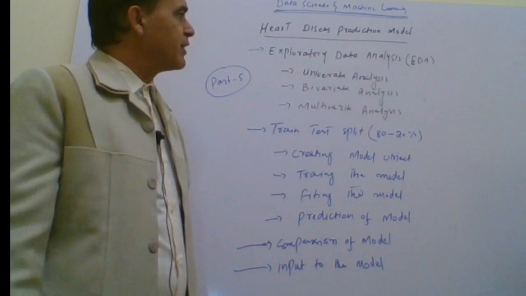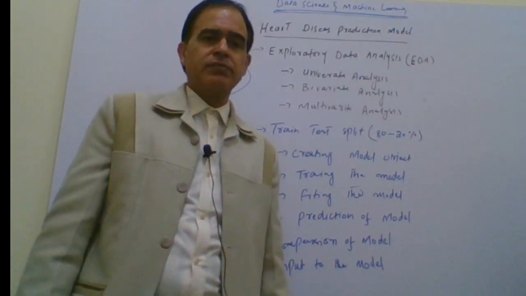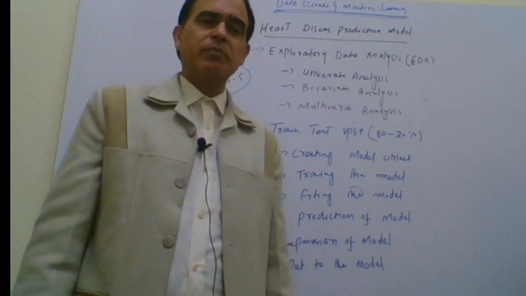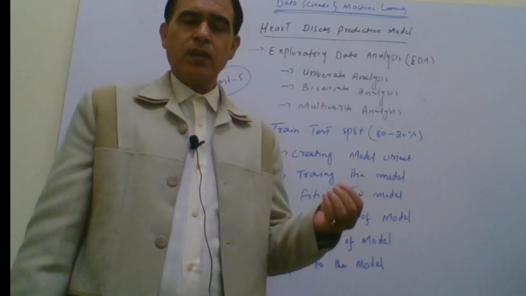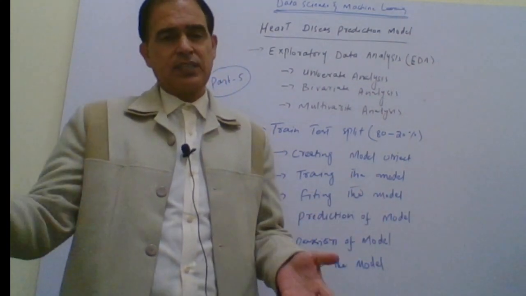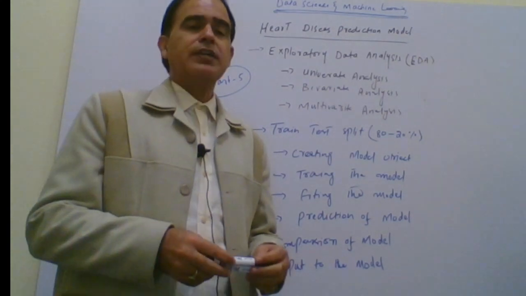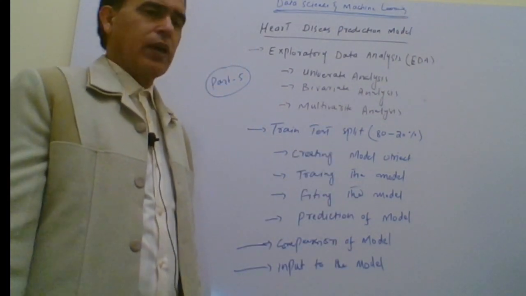And then in bivariate analysis, we compare the target variable and find the relations of the target variable with different pairs, like how the age feature is correlated with the target variable, and how the sex feature is correlated with the target variable, and so on.